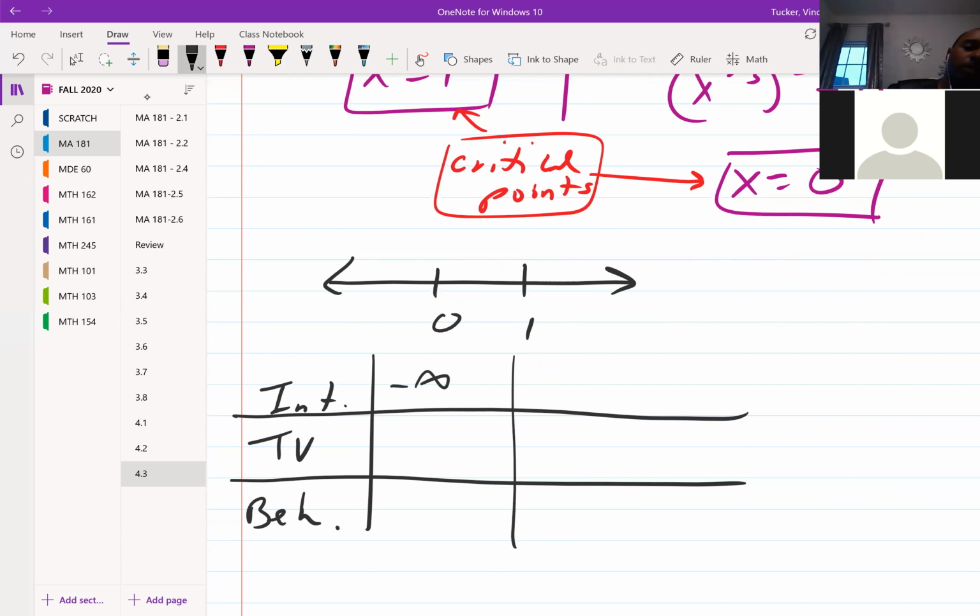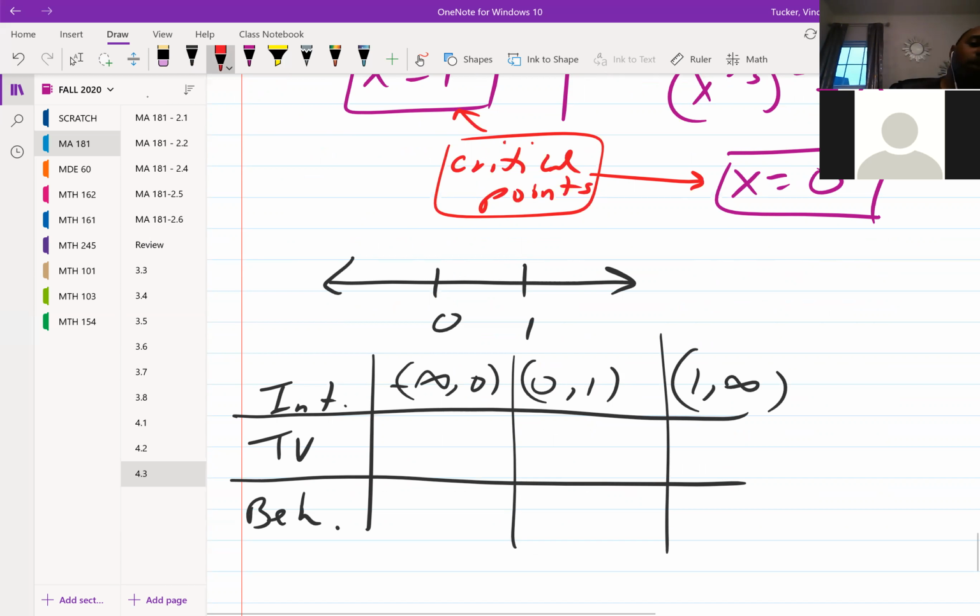So we're going from negative infinity to 0, 0 to 1, 1 to infinity. We want a test value. Anything less than 0, we can do negative 1. Anything in between 0 and 1 is 0.5. Something greater than 1 is 2.